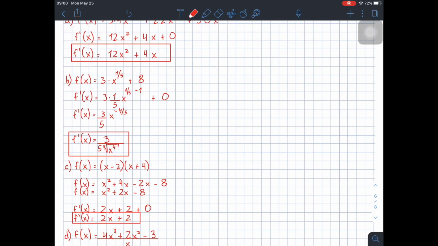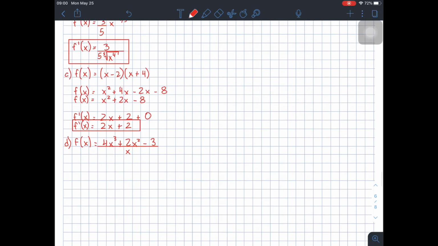Okay, how am I gonna differentiate this? As in this case, we still haven't seen a rule for the derivative of a division between two functions, right? I don't know how to differentiate a function divided by another one.